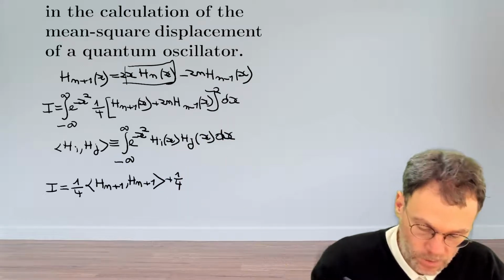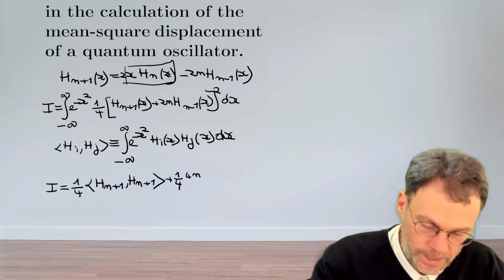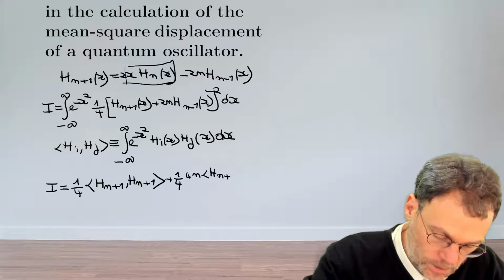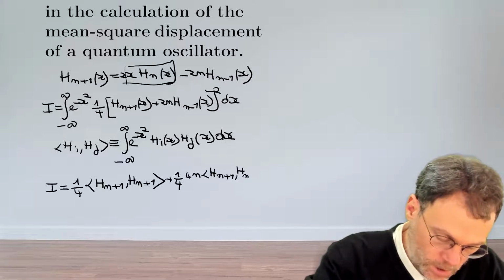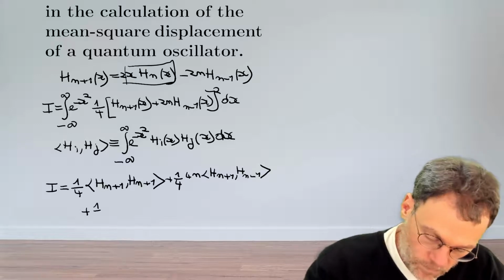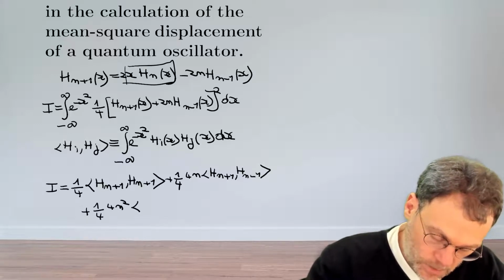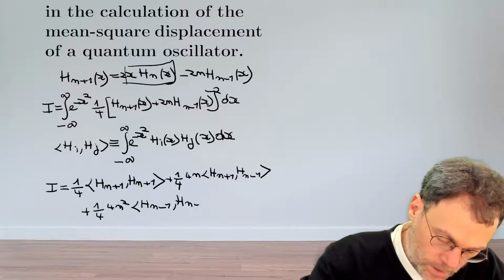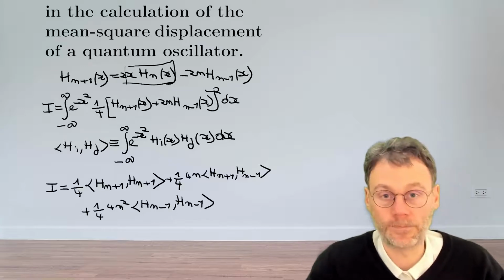So this is going to give us 4n, a scalar product H_{n+1}, H_{n-1}. And then lastly, we have 1 over 4, 4n squared, scalar product of H_{n-1} with H_{n-1}.